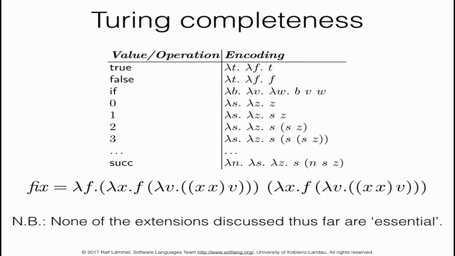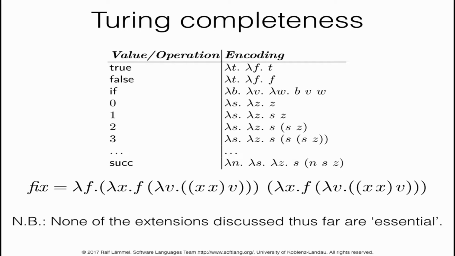Well, it actually turns out that we don't need to do all these things that we have done, like adding true, false, if, and also fix. We don't need to add them because the basic lambda calculus with just the three constructs that we have seen, variable reference, lambda abstraction, function application, just that basic lambda calculus is sufficient to encode all these other things.